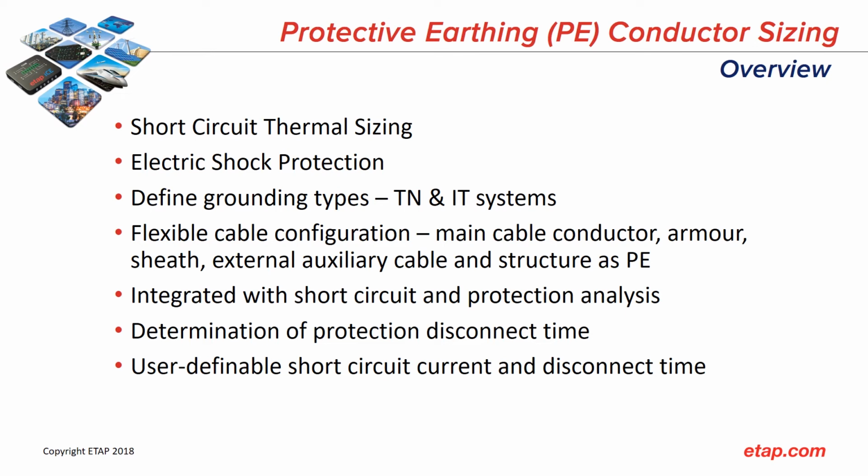In this webinar, we will also cover the integrations of cable sizing with short circuit and protection analysis, determinations of protection disconnection time based on protective device curve, and the flexibility on user-definable values.